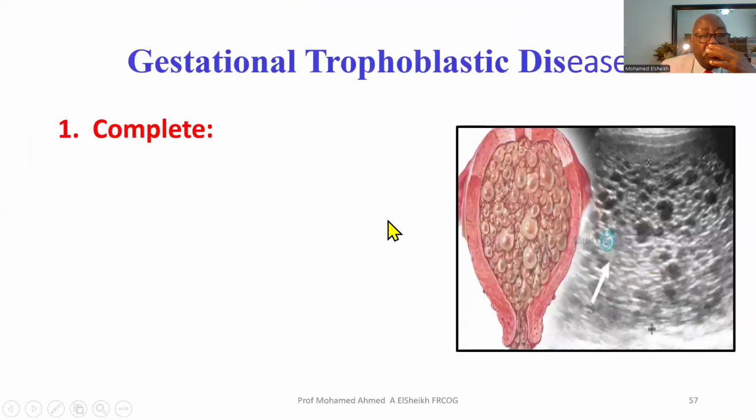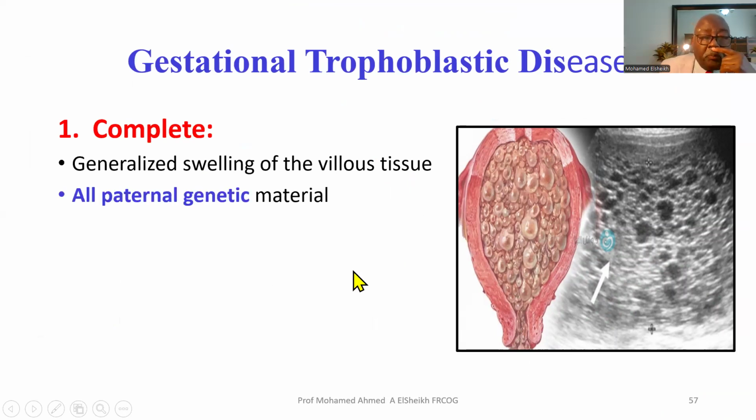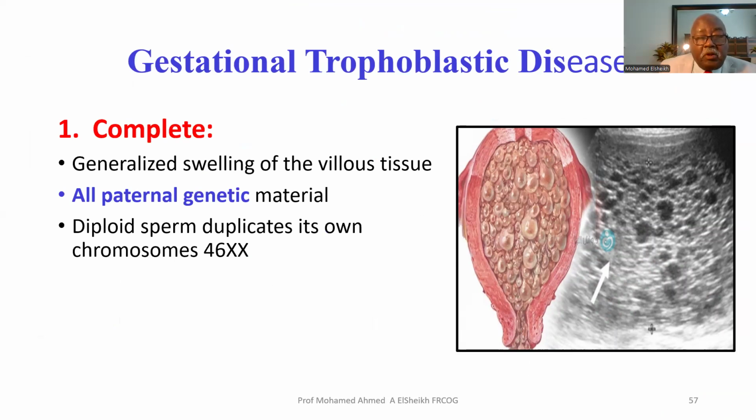So we go to the complete one. This is how it looks: generalized swelling of the villous tissue. All genetic material is paternal, from the father. Diploid sperm duplicates its own chromosomes.